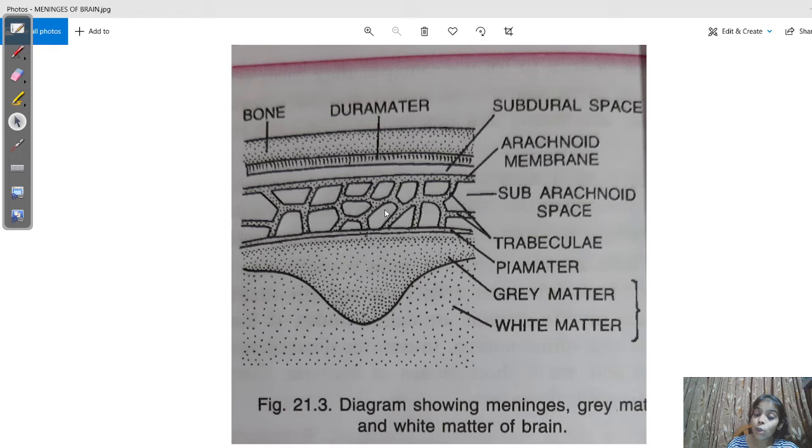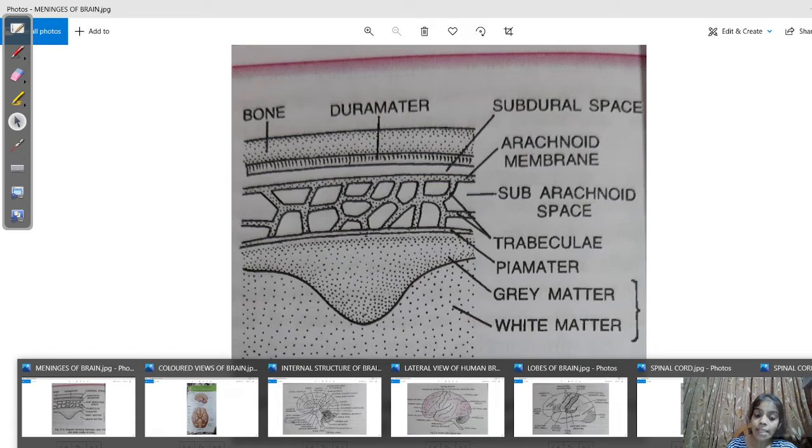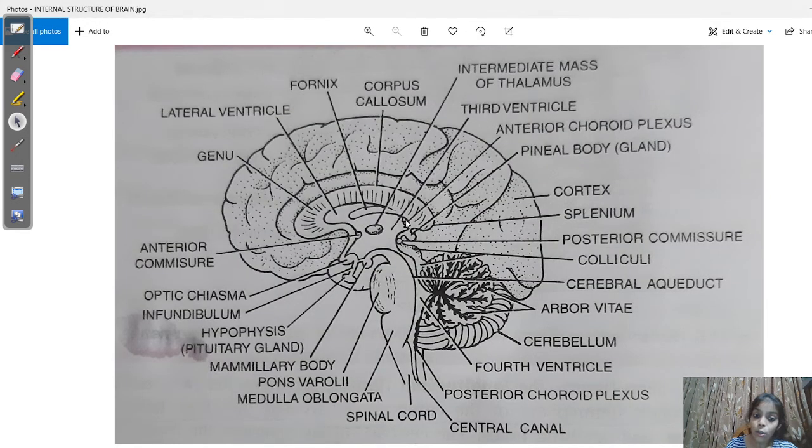As we were saying, the brain is divisible into three parts. The front part is called the forebrain. If we study the internal structure of the brain, this picture shows it.